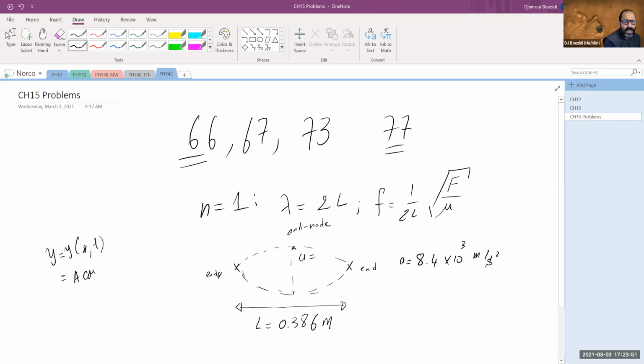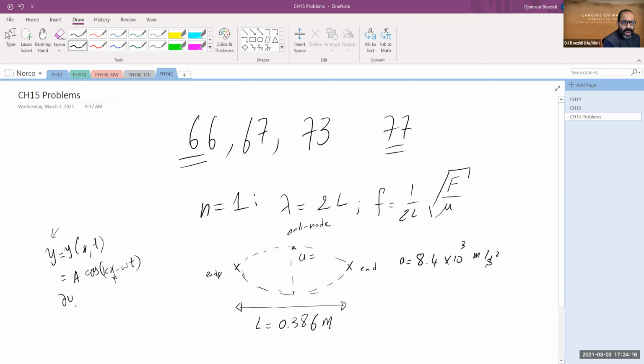If it's a cosine function, cosine of kx minus omega t, we don't care, x is fixed. It's just a number like 12, in the middle, which is exactly 19.3 centimeters from one end or the other. That's basically what x is. It's a fixed number, so we don't care for it. What we care for is this number.